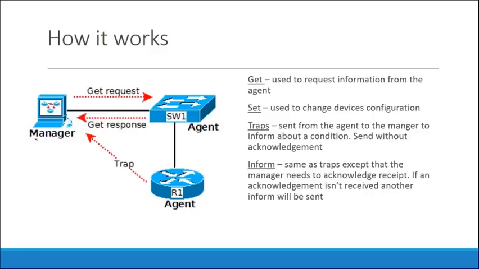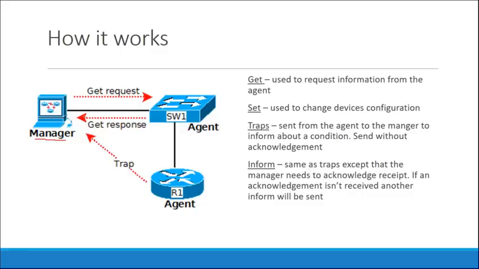So our manager, when we first configure SNMP, or when we do the very minimal of what we need to do with SNMP, will send a GET request to our agents. And then it's requesting certain information that'll be in the MIB itself. In our case, our switch 1, which is running our agent, will then send a GET response.